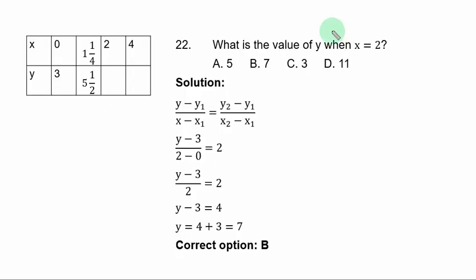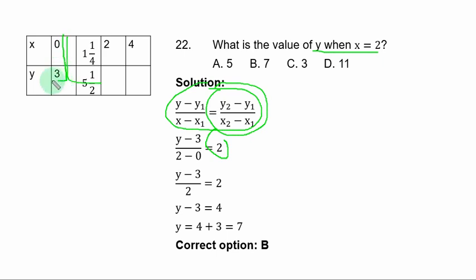Question 22. What is the value of y when s is equal to 2? So we simply use the point-gradient form of solving the equation of a line. Already the right-hand side is the gradient that we obtained as 2 earlier. You can use any of these 2 points, but 0, 3 will be easier for us. So this is why you are looking for when s is 2.